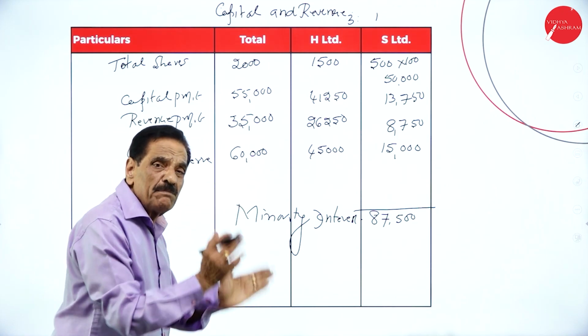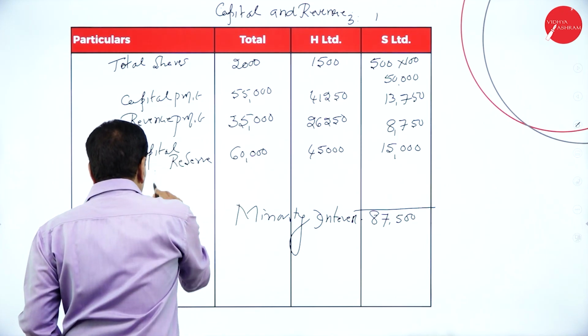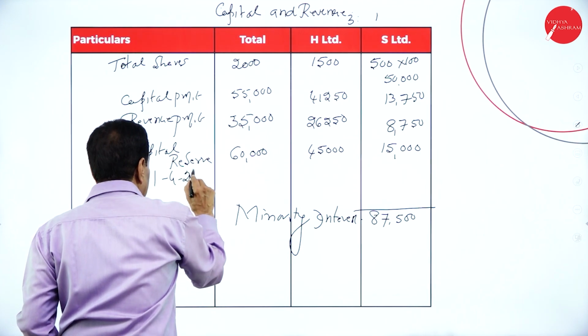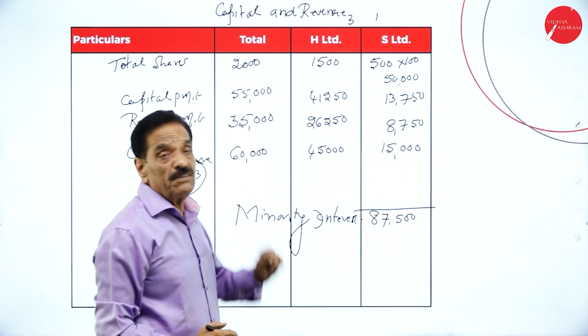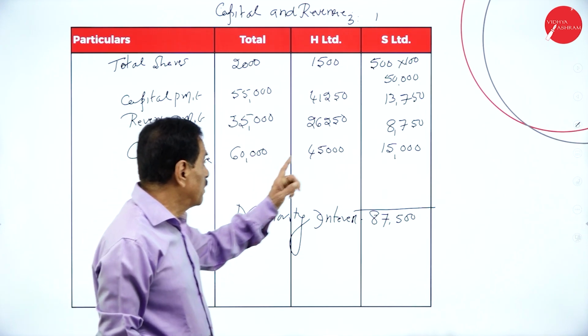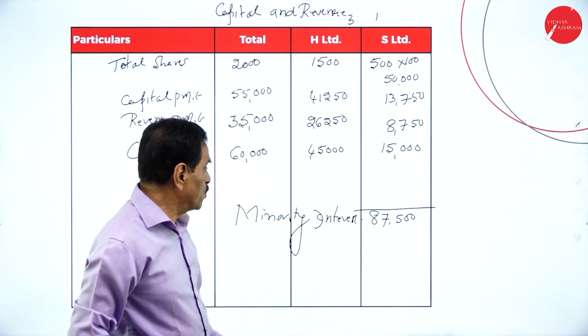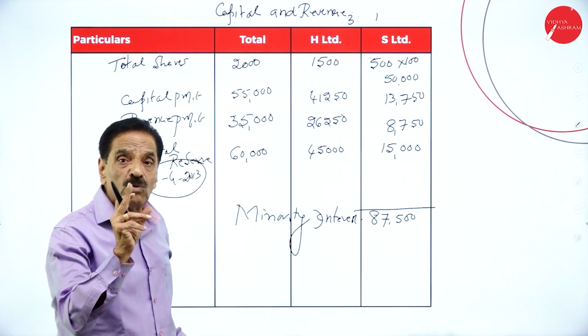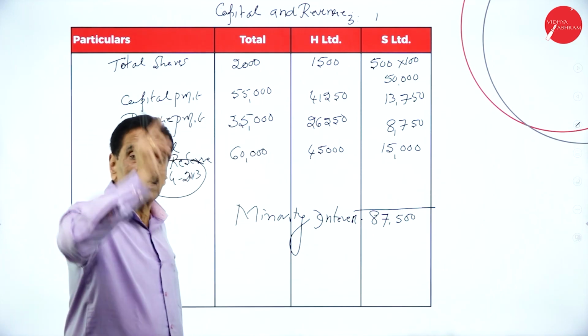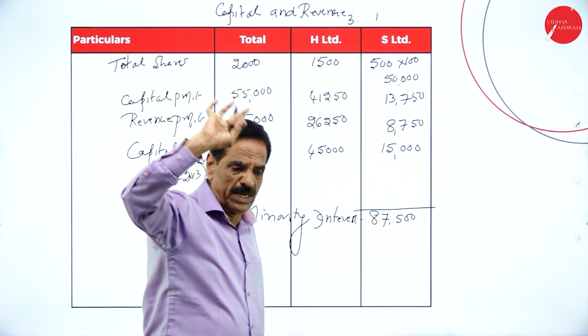Capital reserve entire, because the date is 1/4/2013, entire is capital reserve, 60,000. 45,000 goes to H Limited, 15,000 to minority. If we add this, the minority amount will be 87,500. This will come on the liability side of the balance sheet.